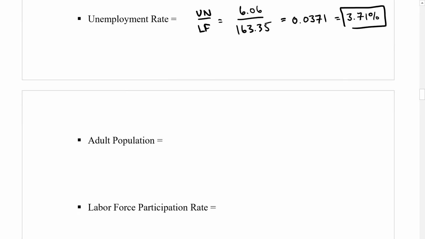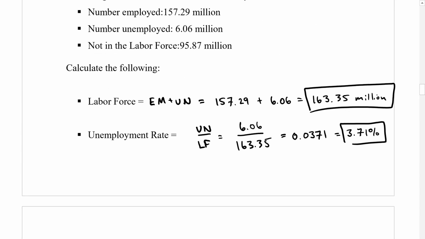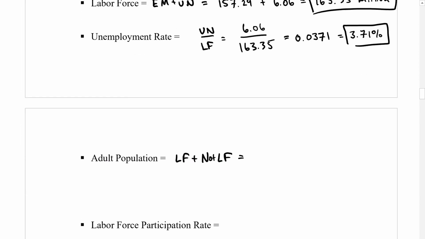Let's go ahead and calculate the adult population because we need that for the next two. And that is going to be the labor force plus those not in the labor force. So labor force is here, not in the labor force is 95.87.